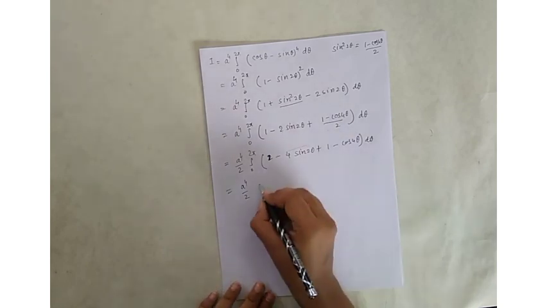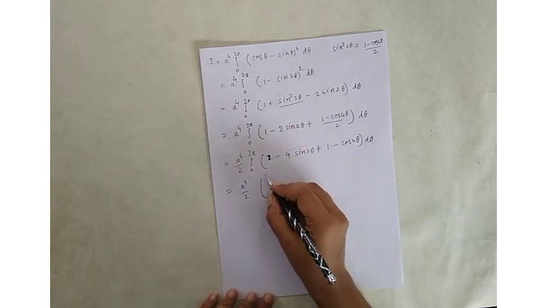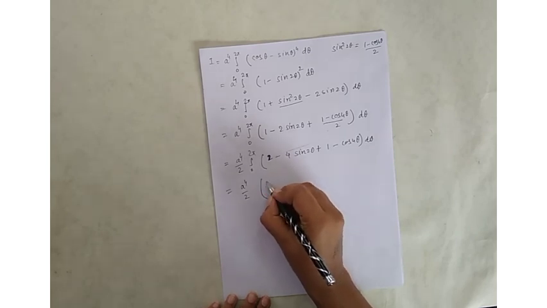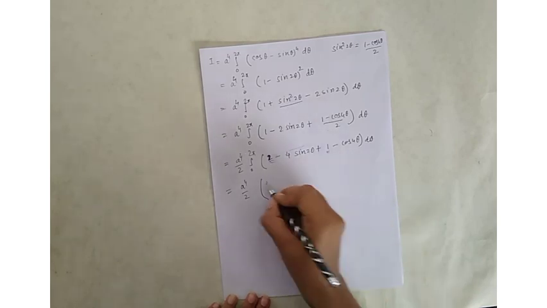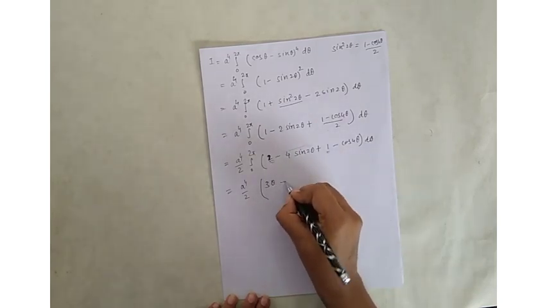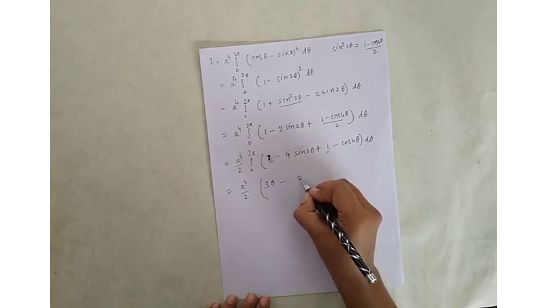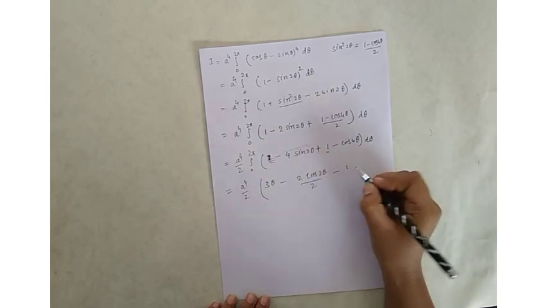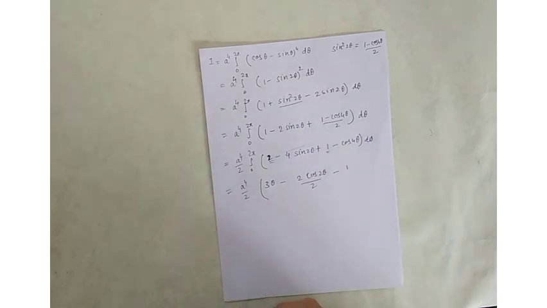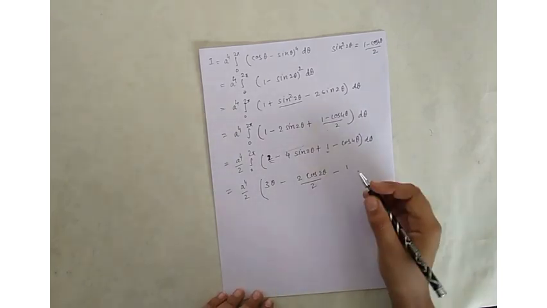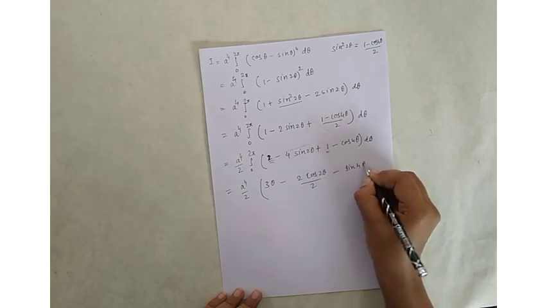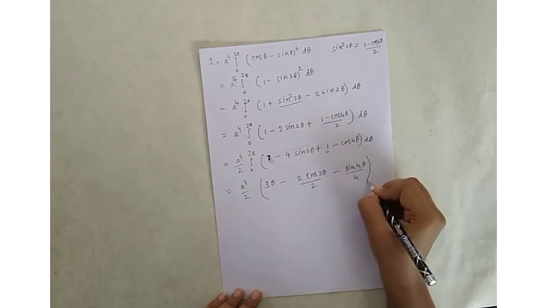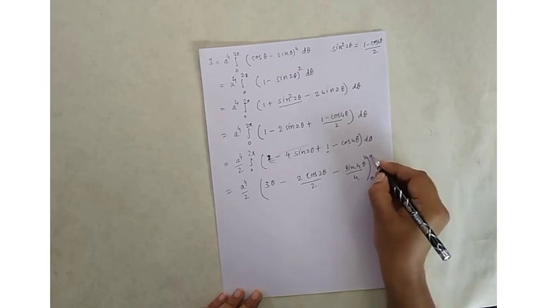Integrating this, it becomes 2 theta minus 2 cos 2 theta by 2 minus, the integral of cos 4 theta, that is sin 4 theta by 4, and 0 to 2 pi.